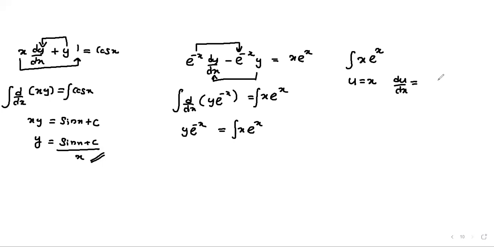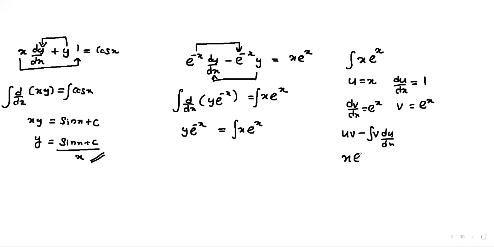We learned this topic in previous lessons, so I'm not going to extend that one. Hope you can remember this. dv by dx is e to the power x, therefore v is the integration of e to the power x, which is e to the power x. The formula for integration by parts is uv minus the integral of v du by dx.